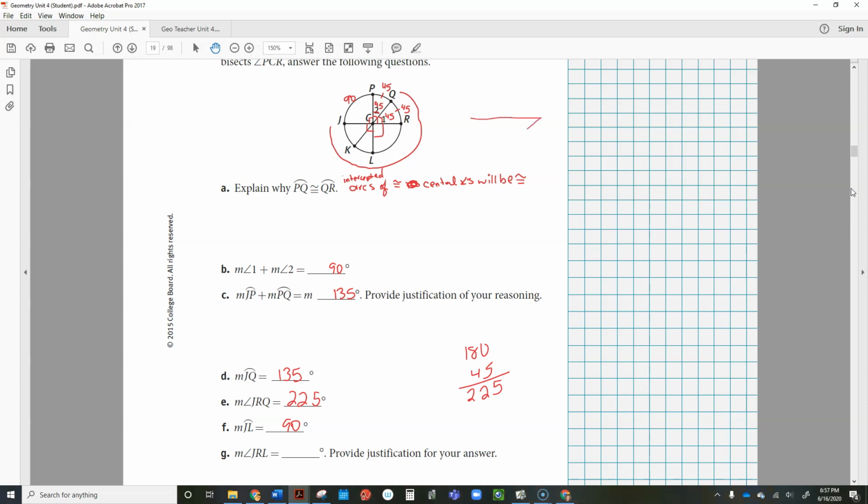JRL. Okay, so this is J, this is R, and this is L. So we need the measure of this angle right here.